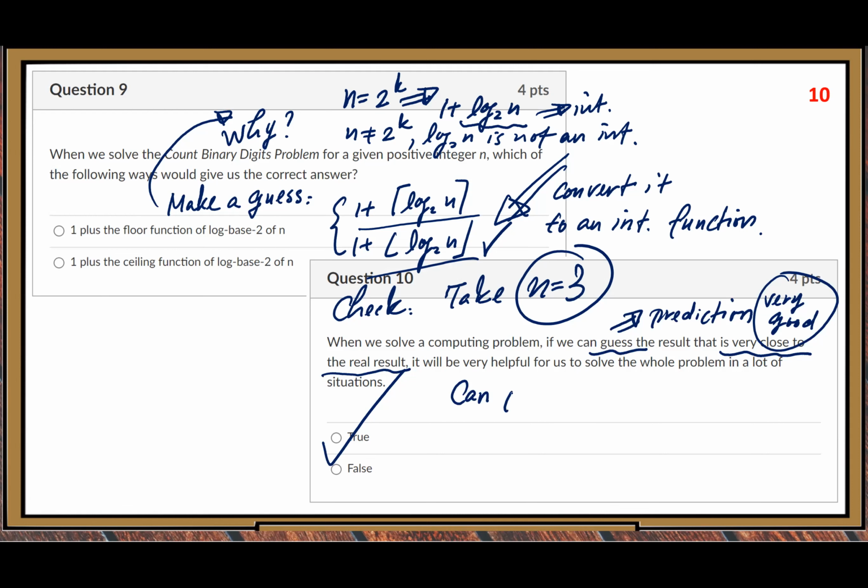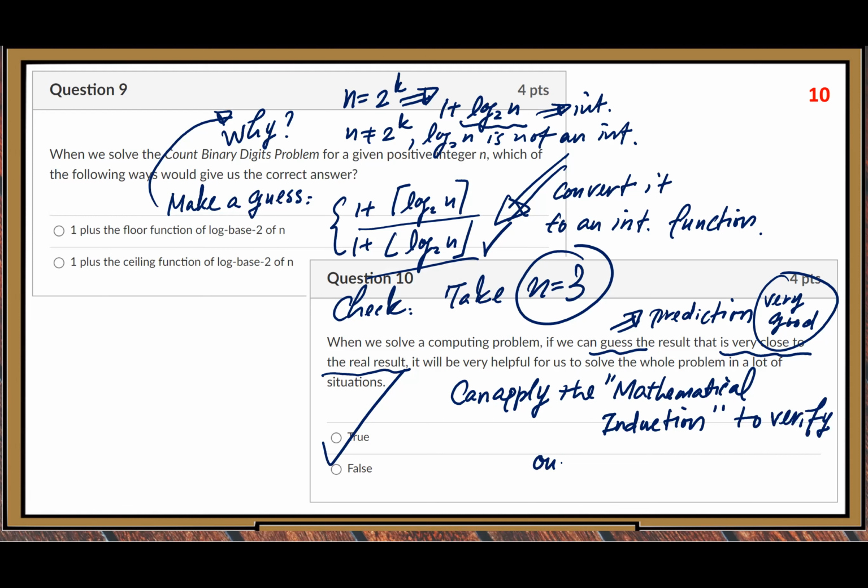So we can apply the mathematical induction to verify our prediction.